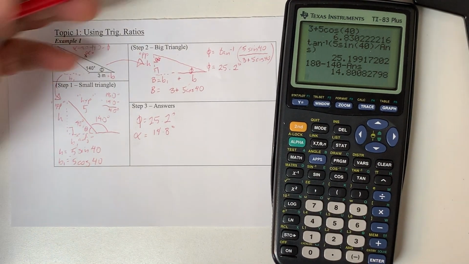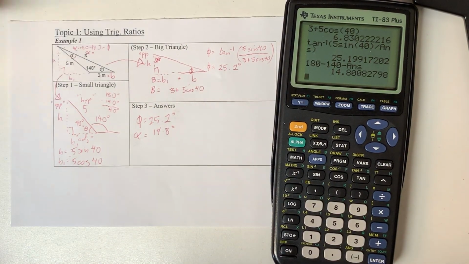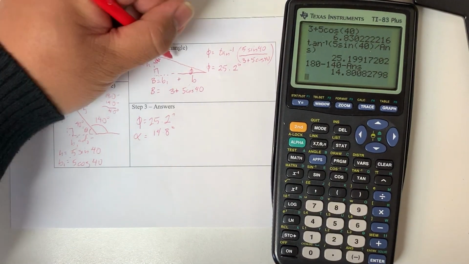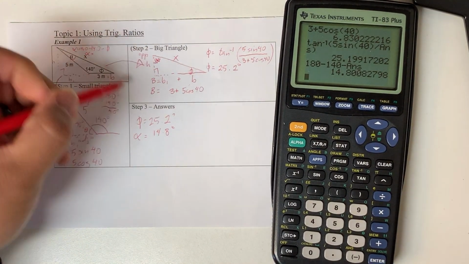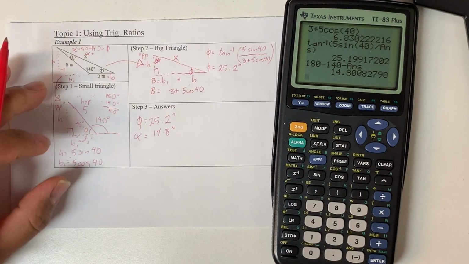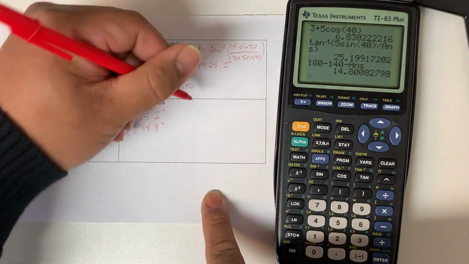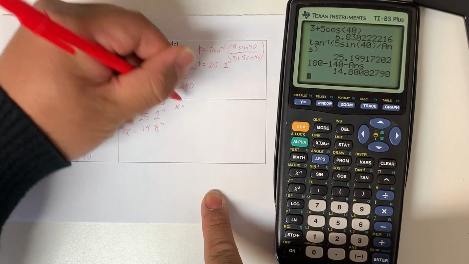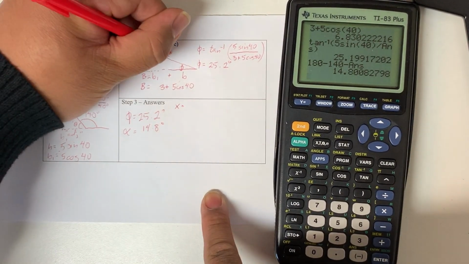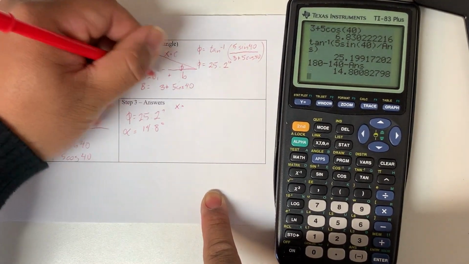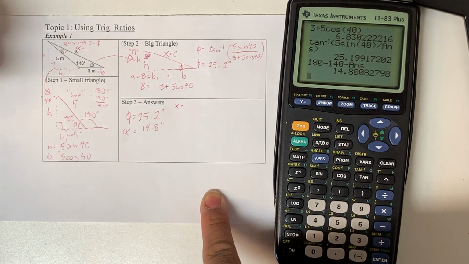Last part is to figure out how long this x is. This x, remember, is still part of this big right triangle. So we could use the right triangle properties, and the one that is the easiest to use without trig functions is a squared plus b squared equals c squared, where we'll call this c, and this is going to be kind of confusing because we have a whole bunch of b's here, but I'm going to call this the a side, and therefore my h is going to be my b side in a squared plus b squared equals c squared.